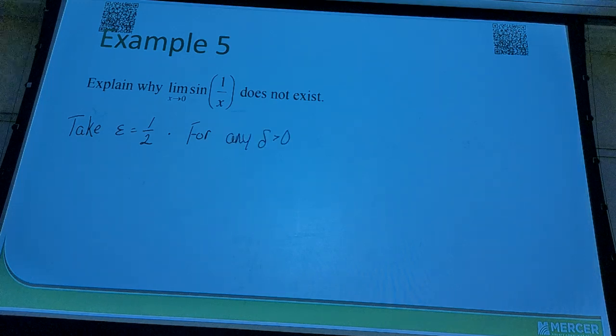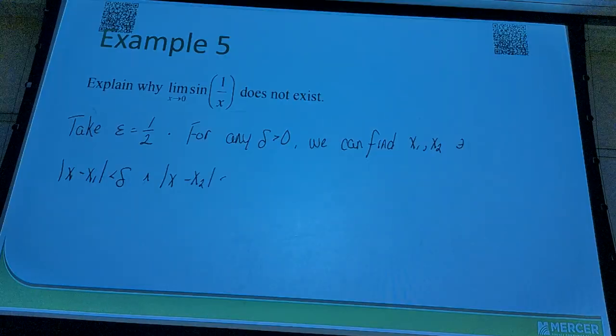For any delta greater than 0, you can easily find two values, x1 and x2, satisfying those two absolute values.